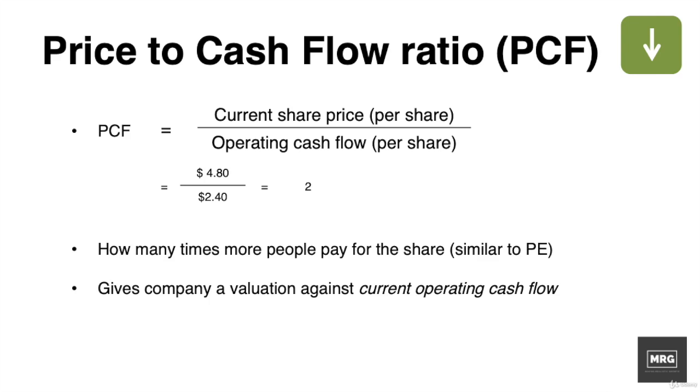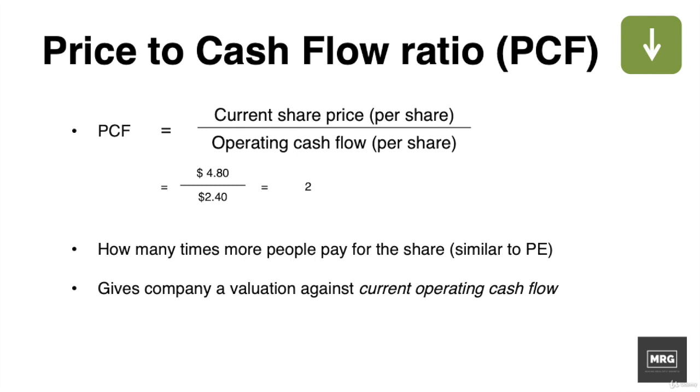Next, we want to look at price against cash flow, or the price to cash flow ratio, or PCF. So in this whole chapter, when we talk about valuation, we are always using the current share price, or the current stock price, against different factors or variables. So for price to cash flow, we are taking the current stock price against the operating cash flow per share.